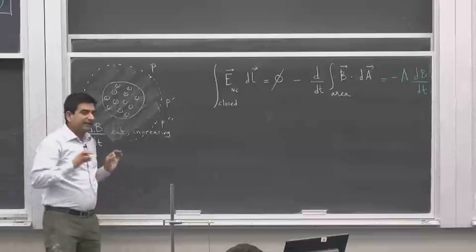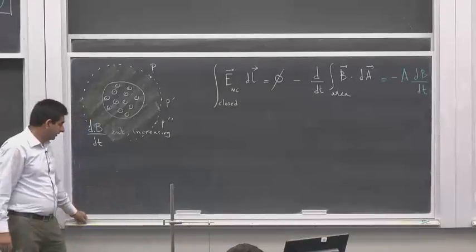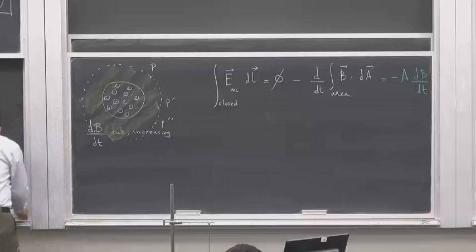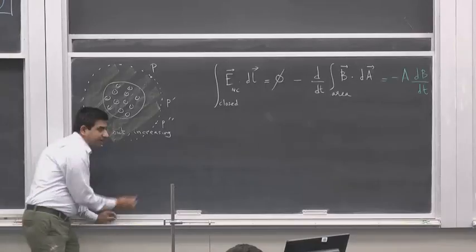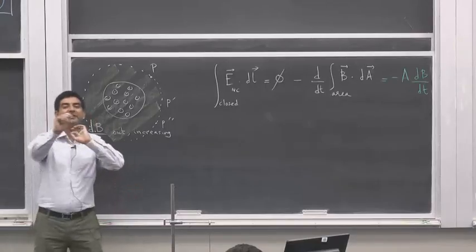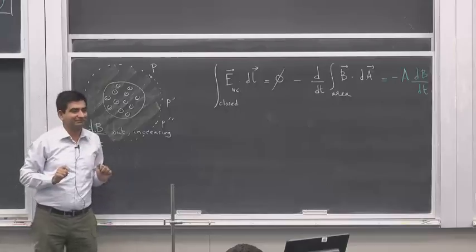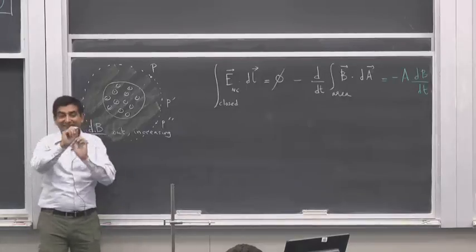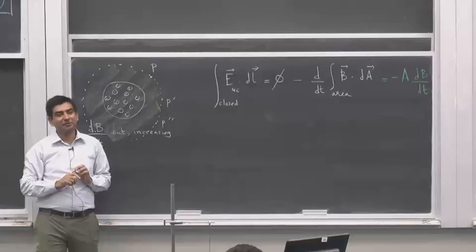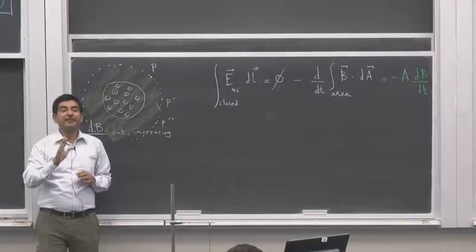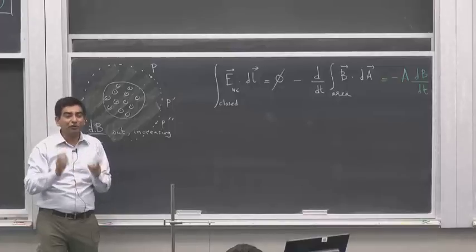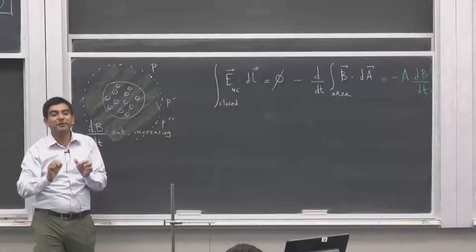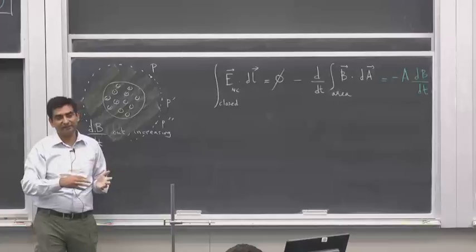Now, Lenz's law will determine the direction of this electric field. Now, if the field is outwards and increasing with time, okay, field is outwards, it's increasing with time. So, the change in field is outwards. So, the electric field, the non-conservative field, the non-Coulombic field will be produced in a direction so that it opposes this effect.